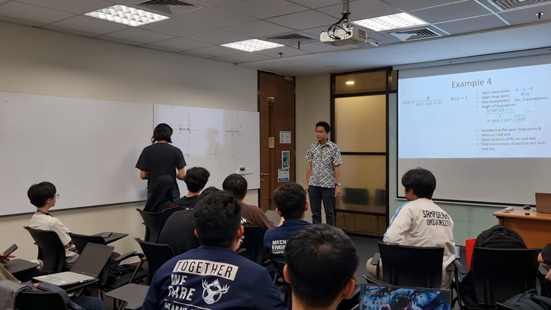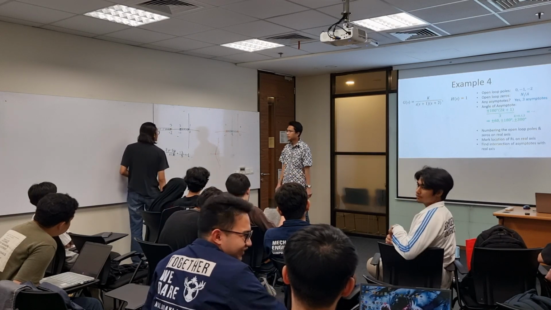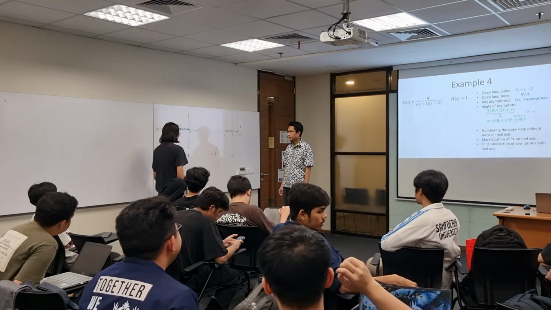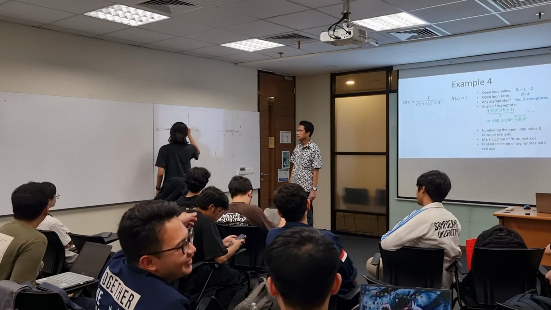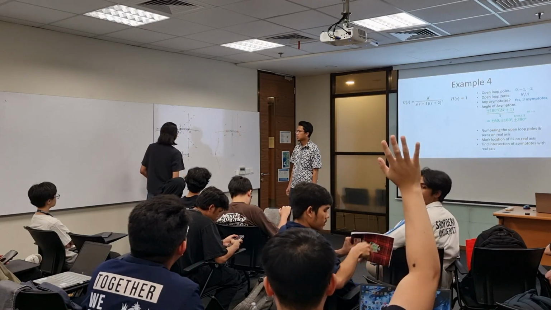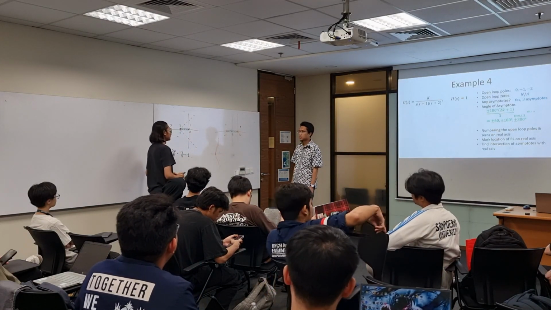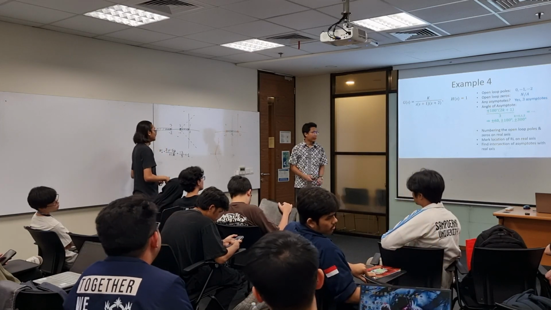If that's the intersection, how do you draw the asymptote? So how to do the breakaway point?